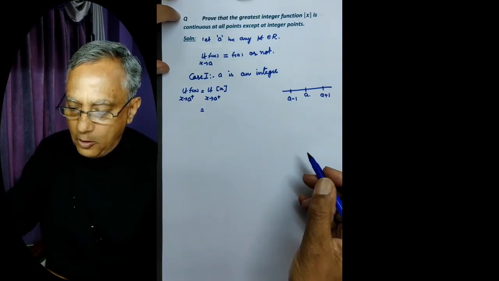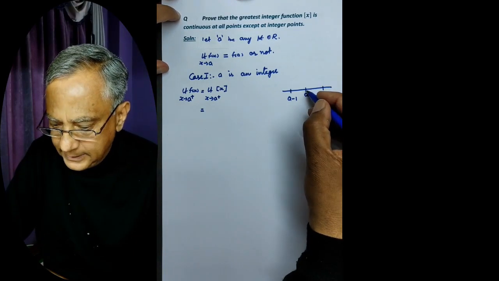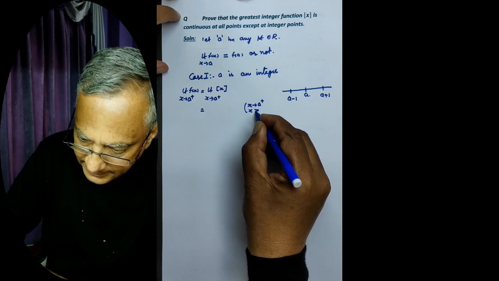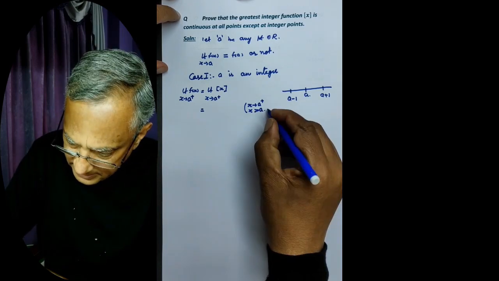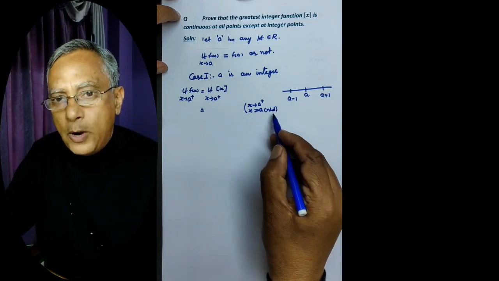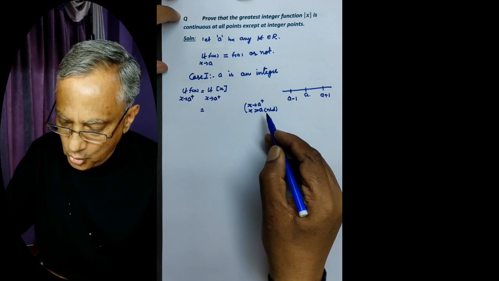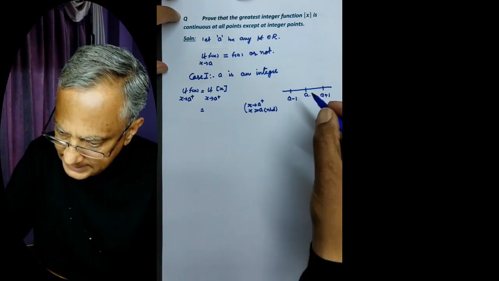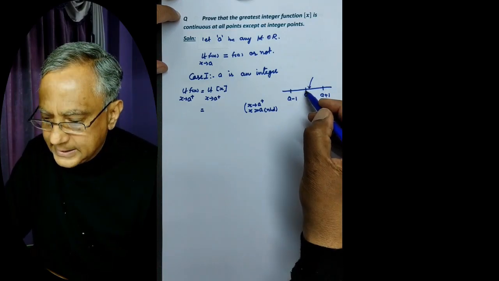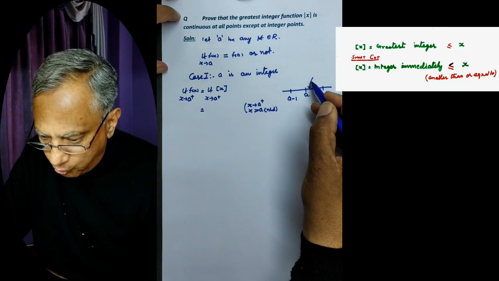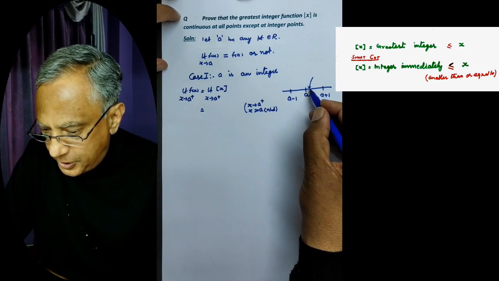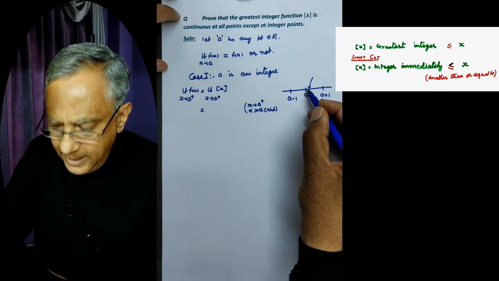Now as x approaches a from positive side, this will mean x is greater than a in neighborhood of a. That is, we are considering the points which are very close to a. So in neighborhood of a, x will lie somewhere here. So at these points x is greater than a. So for these points, the integral value of x, that is the integer immediately smaller than this, will be a.